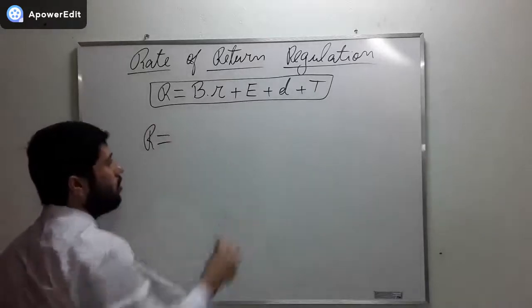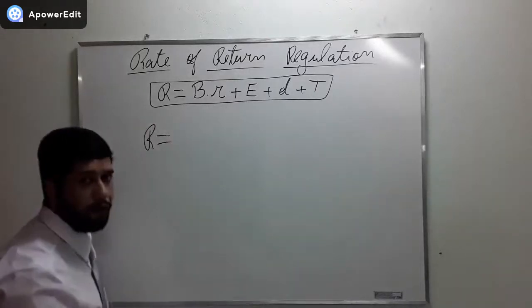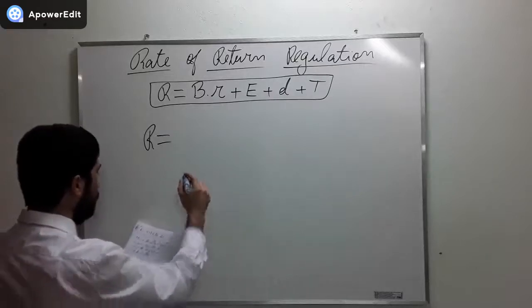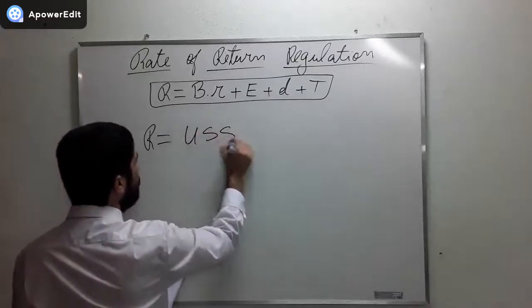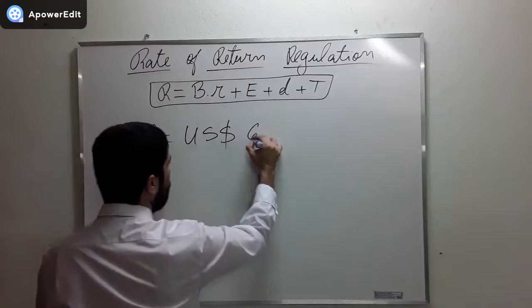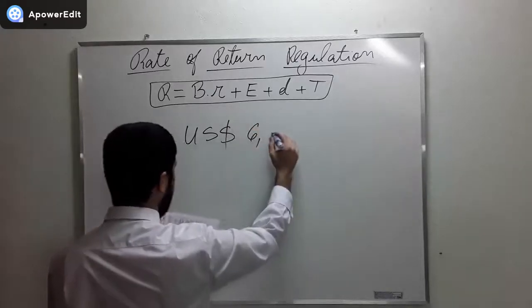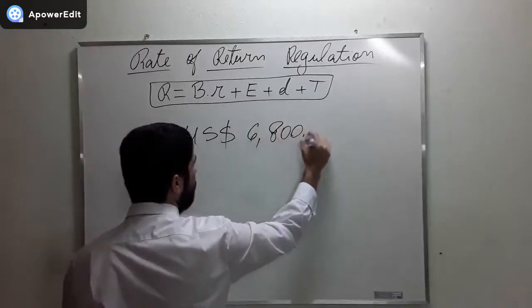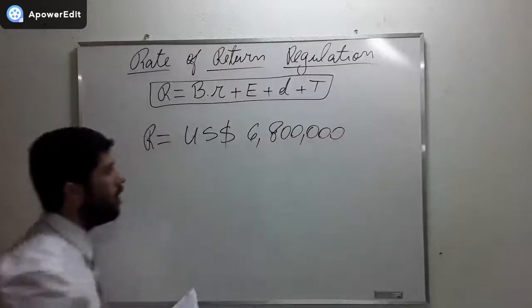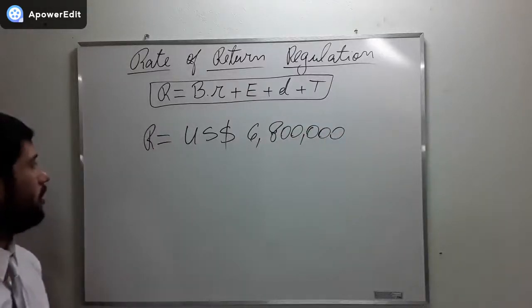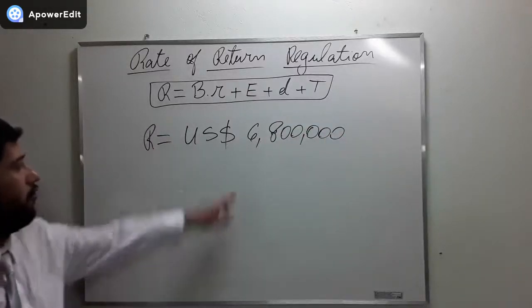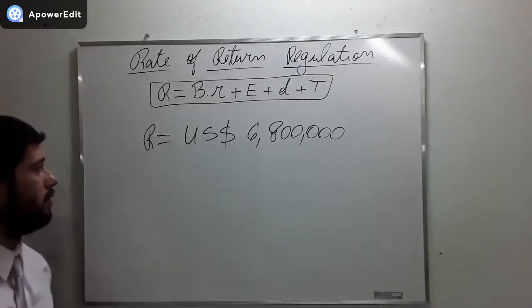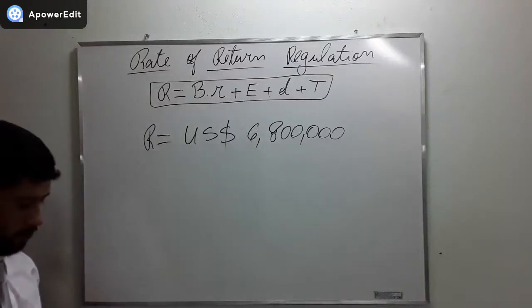When we plug in all the variables aforementioned, we discover that the revenue requirement for this utility is $6,800,000.